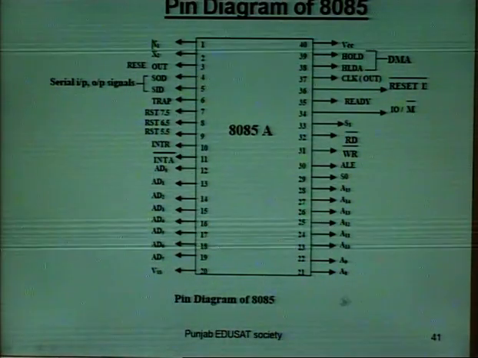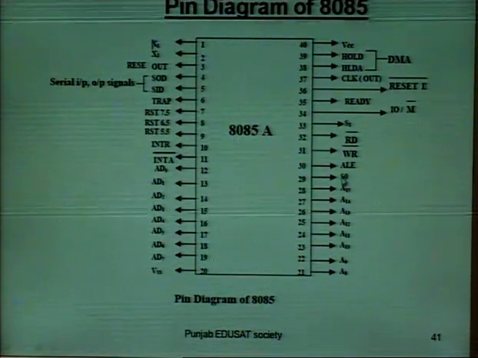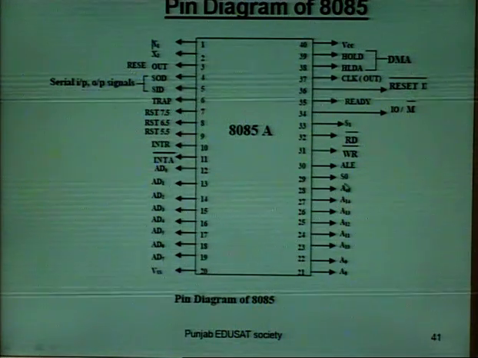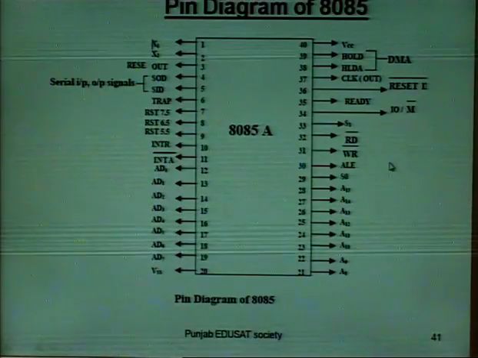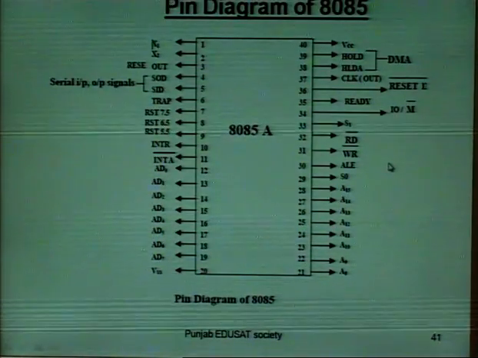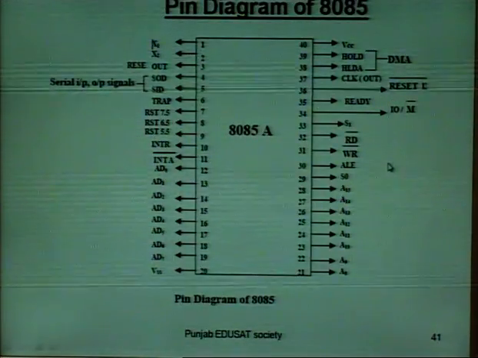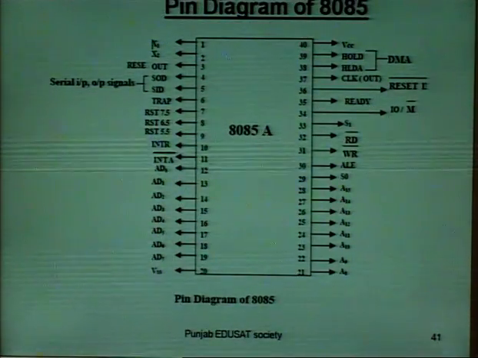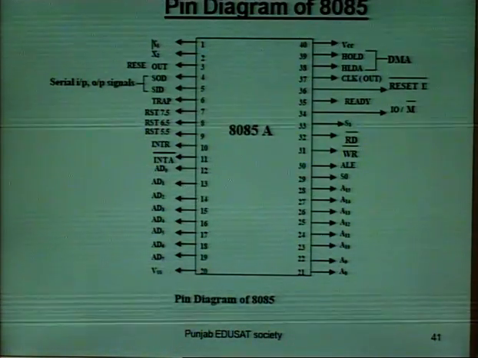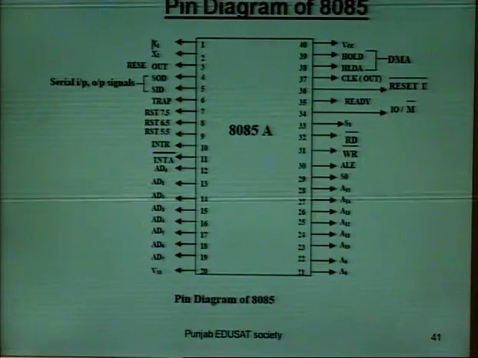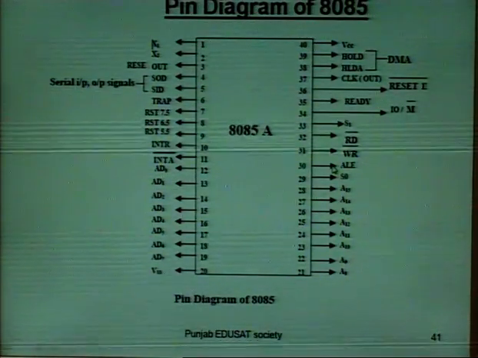Then ALE, address latch enable. S0 and S1, these are the two status signals. ALE, address latch enable, is an output signal used to demultiplex the address and data bus. In other words, ALE is used to separate AD0 to AD7 into the address bus, that is A0 to A7, and the data bus, that is D0 to D7.